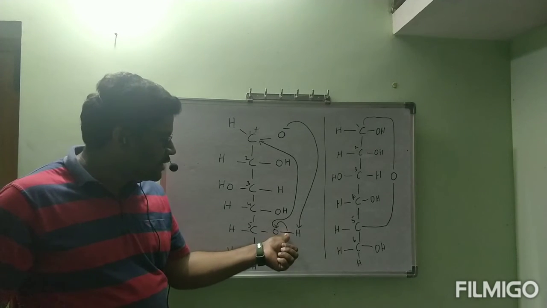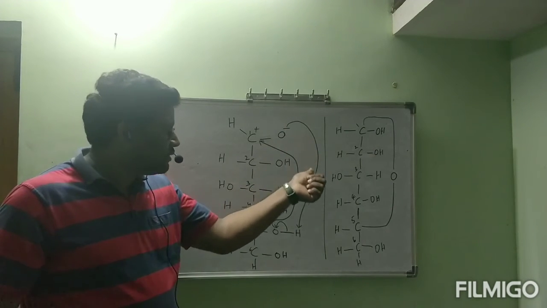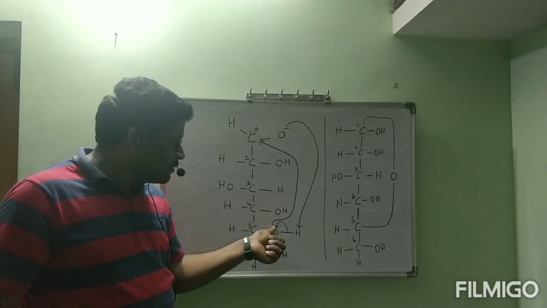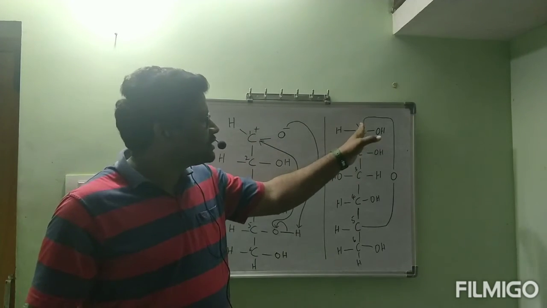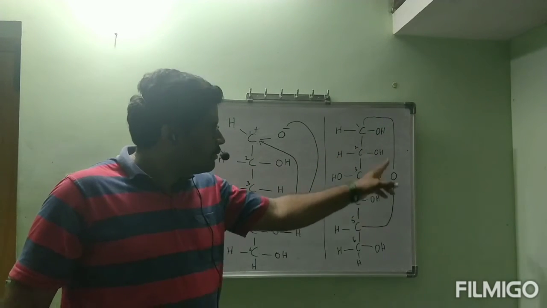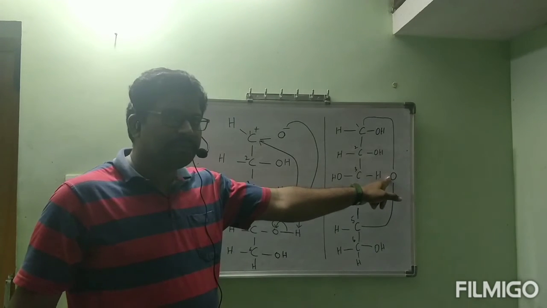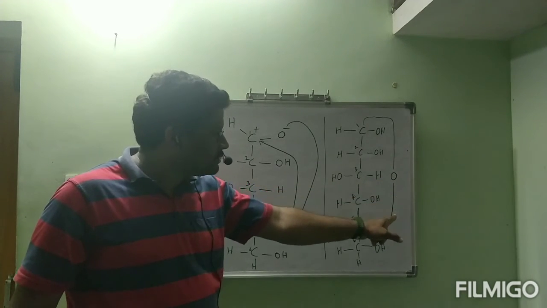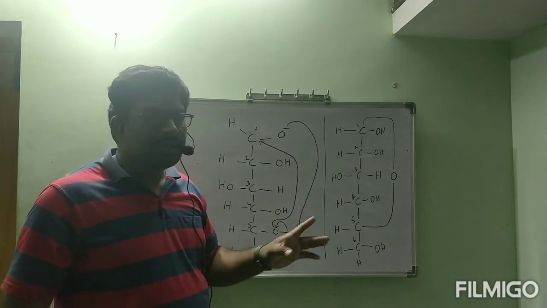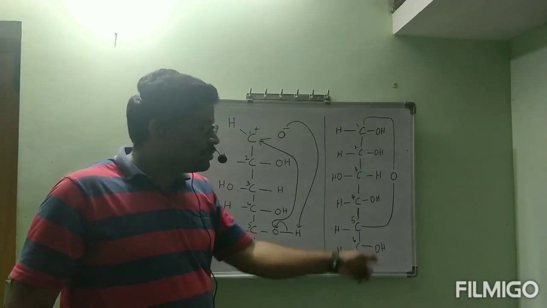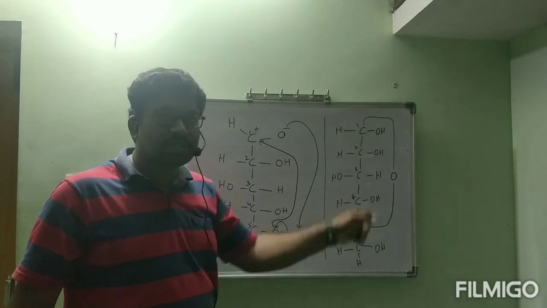See, this bond is completely cleaved. This hydrogen is attacked by this O minus to form OH. This O minus is going to form a bond with this carbon. Finally, the first carbon is going to form a bond with this same oxygen, and that oxygen has a bond with the fifth carbon. This is totally one bond only. This is called the closed chain representation, the closure structure of glucose.